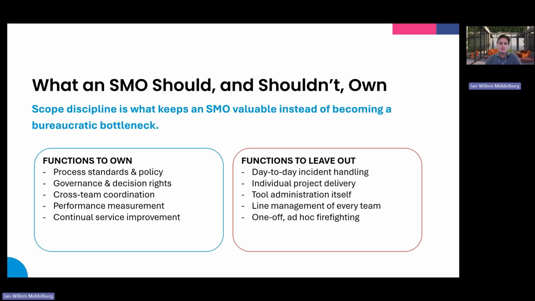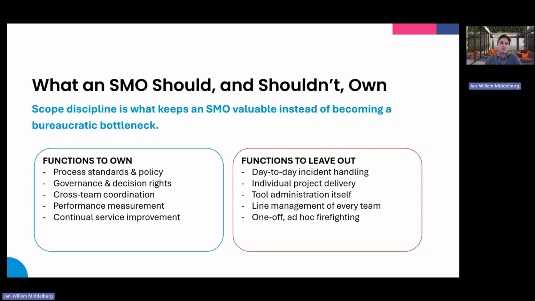Now, as we've just seen, an SMO is a central function in an organization, but one of the most important aspects in which I always try to explain the properties and the scope of the SMO is that it should follow an approach of assurance or IT governance. And that means that the SMO should control and verify, but should not be in the operational driver's seat.